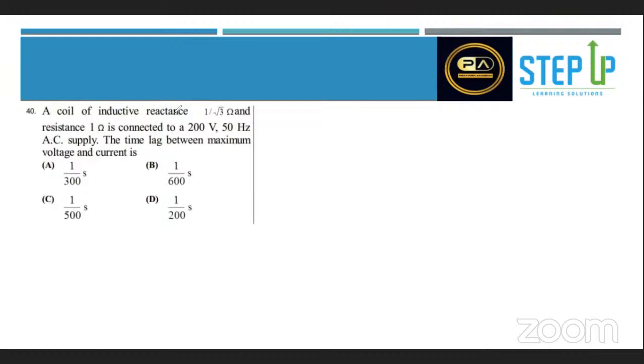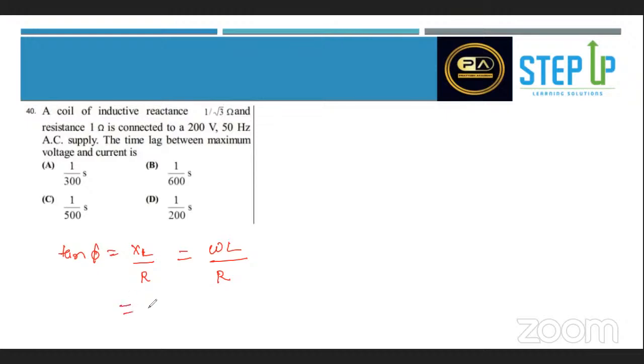Okay, for an inductive circuit, this is inductive reactance. For an inductive circuit, we write tan phi is equal to omega L upon R. You write it as XL, that is inductive reactance, XL upon R. So XL value we write as omega L upon R. Now, omega L value, they have directly given me inductance values.